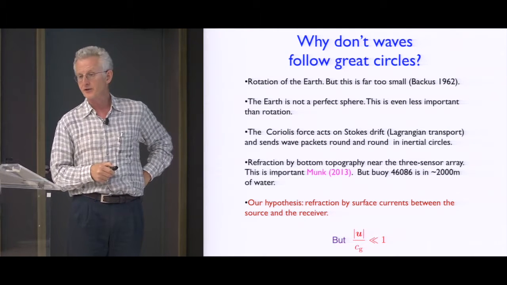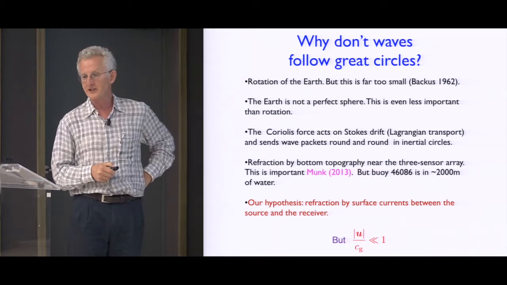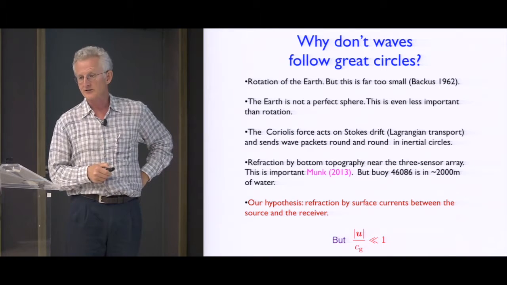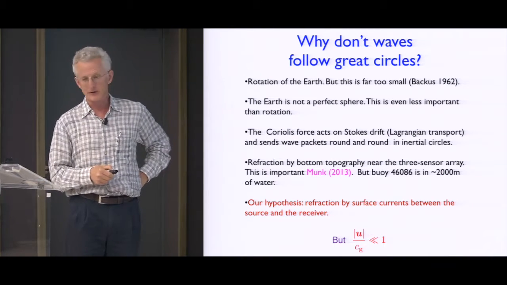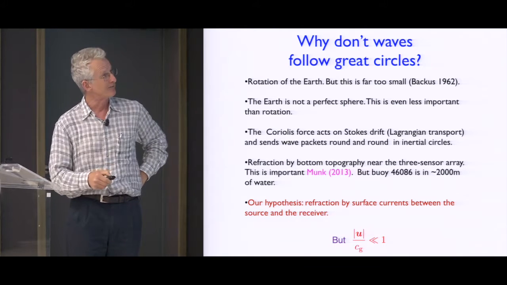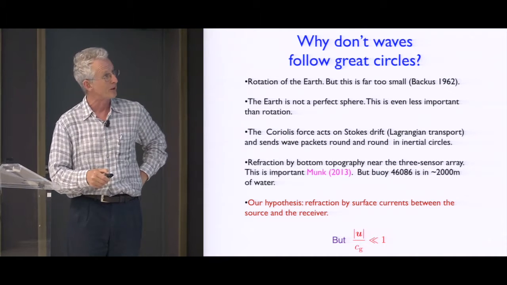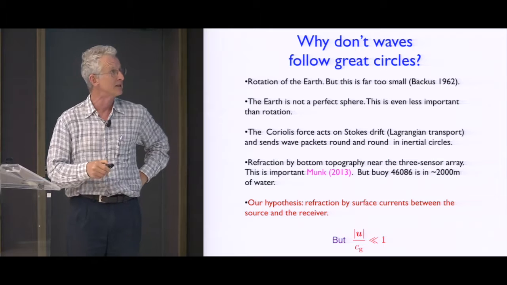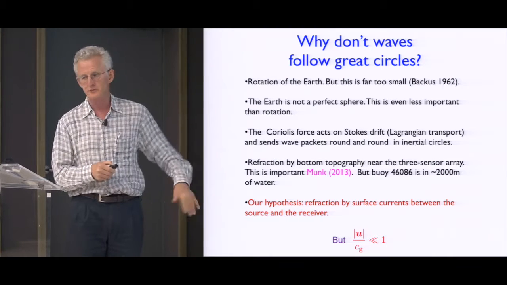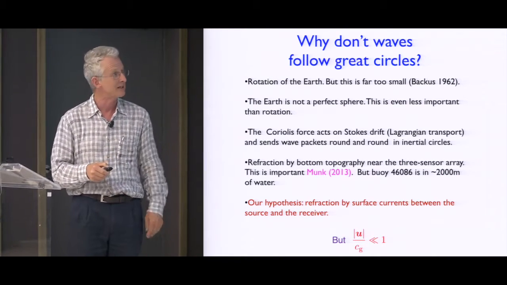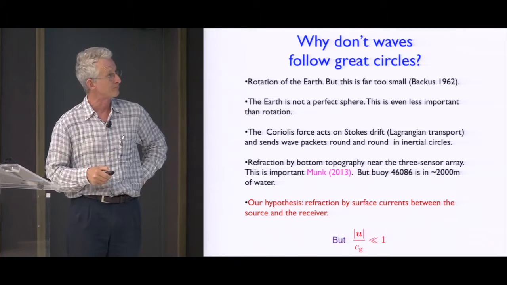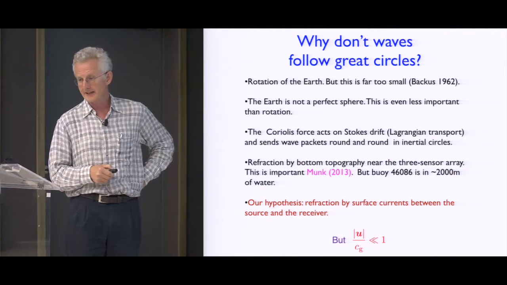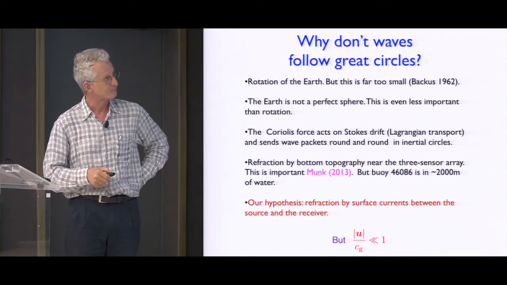The rotation of the Earth means that the dispersion relation, I'm using root gk, is only an approximation, but it's a very good approximation. And if you carefully calculate this effect, which was done by Backus back in 1962, it's far, far too small, by factors of 10 to the 6, to explain any sort of anomaly. The Earth isn't a perfect sphere, but that's even less important than rotation, as it turns out.